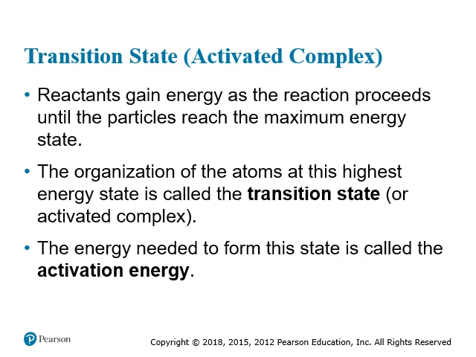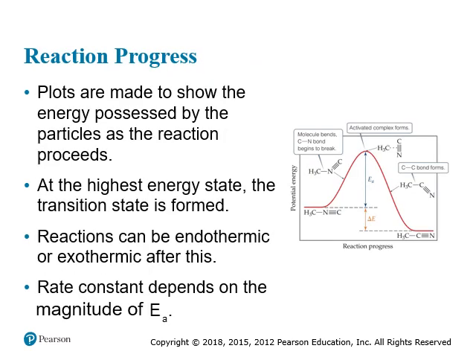Furthering this model, we see the idea of a transition state. As reactants gain energy while the reaction proceeds, we're going to see the particles reach a maximum energy state. At this point, the atoms organize themselves into a very high energy state known as a transition state or an activated complex. And once the activated complex has been formed, then it's all downhill from there.